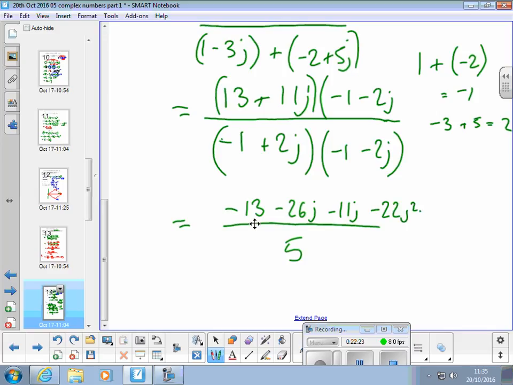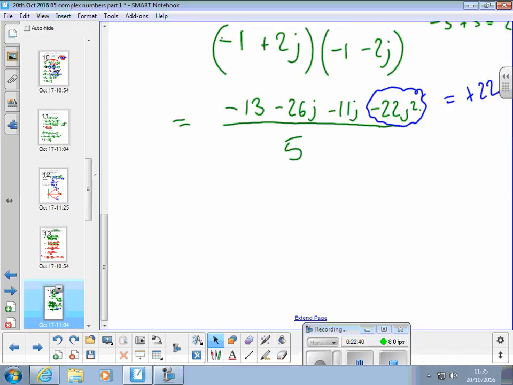Yeah? Right, well done. This bit here is equal to plus 22. So that top line becomes minus 13 plus 22 is 9. Minus 26 minus 11 minus 37j all over 5.